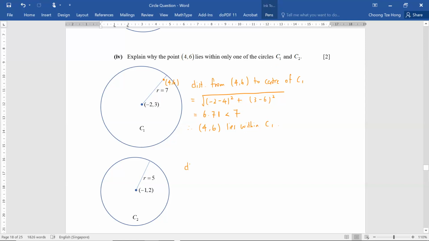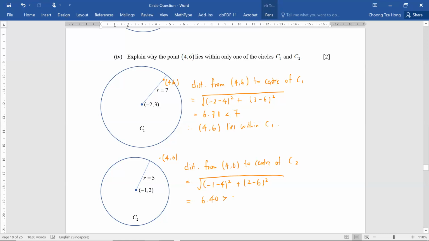Then let's do the same thing for circle C2. The distance from (4, 6) to the center of C2, using the same method: minus 1 minus 4 squared plus 2 minus 6 squared. Work it out with your calculator and you get 6.40.